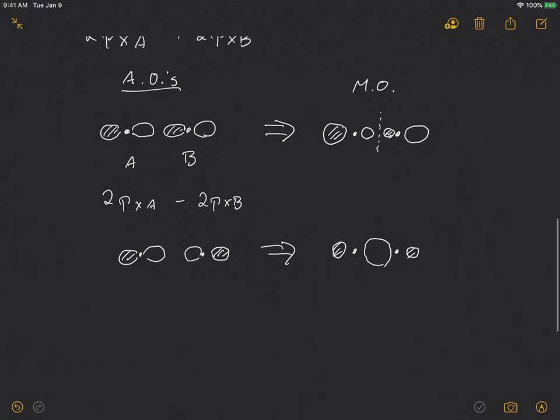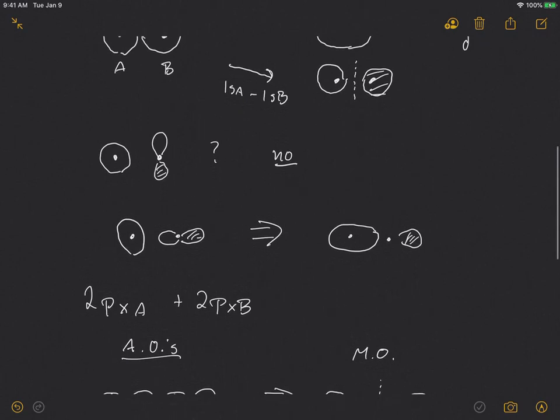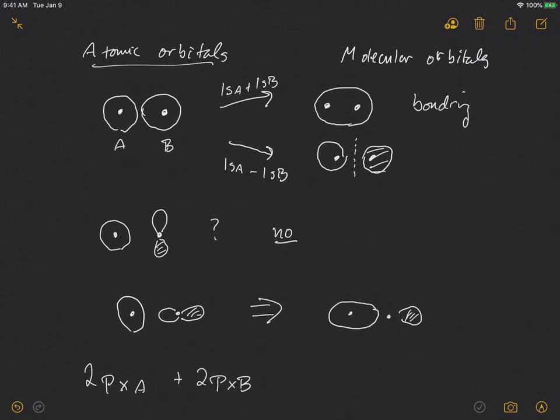Now let's go back and maybe label some of these. We call this A plus B 1s orbital a sigma 1s orbital. The antibonding orbital is sigma 1s star.